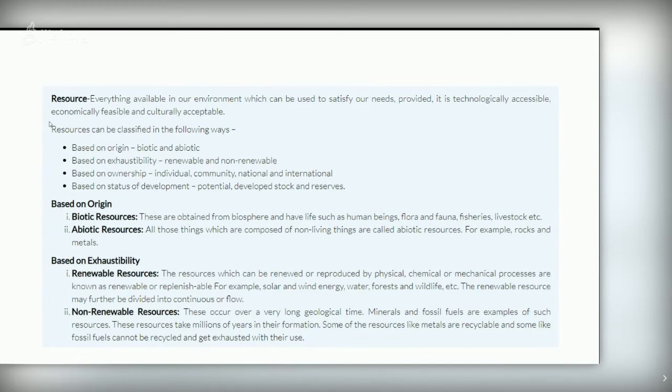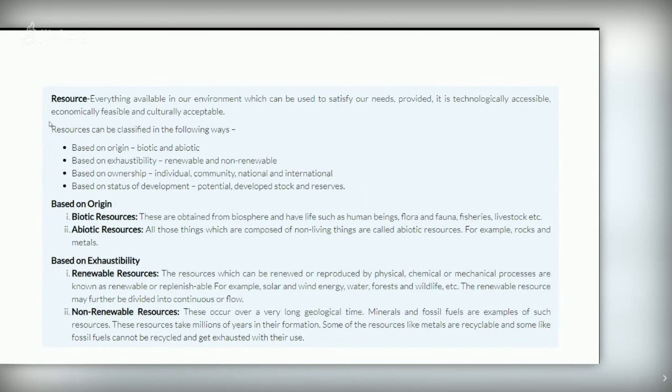So technologically, we should be able to reach that resource. Then, economically feasible. Feasible means it should be easily available or practical to do something practically. So economically, it should be practically available to mankind, and it should be acceptable by the culture.